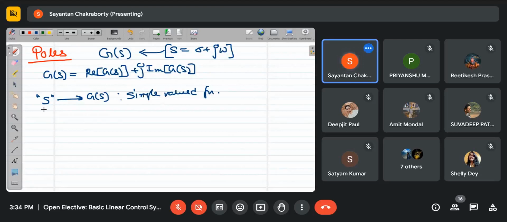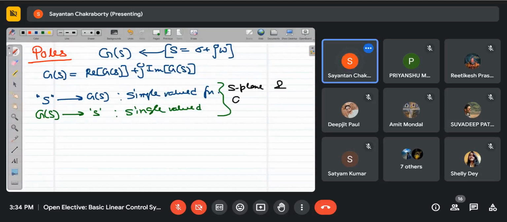Now, if for every value of G(s) there is a unique point in the s plane, or this mapping is also single valued from G(s) to s, then we call the s plane and G(s) plane to have one-to-one mapping.